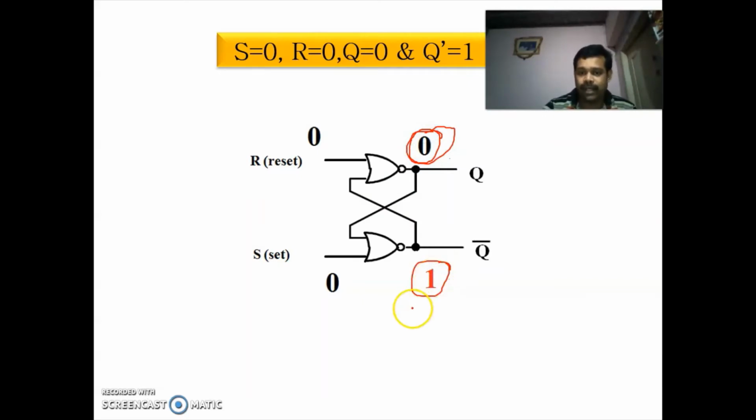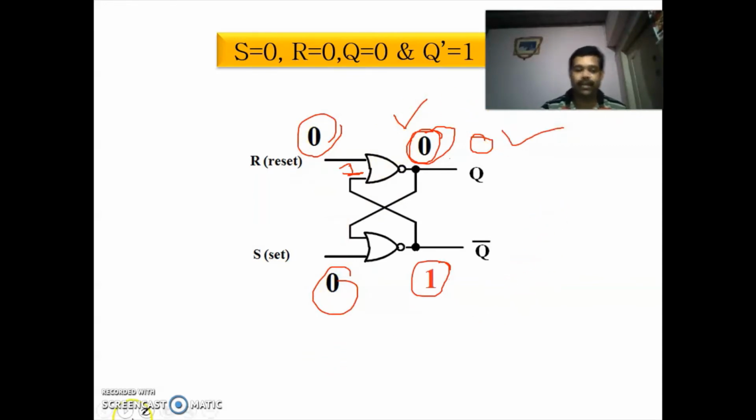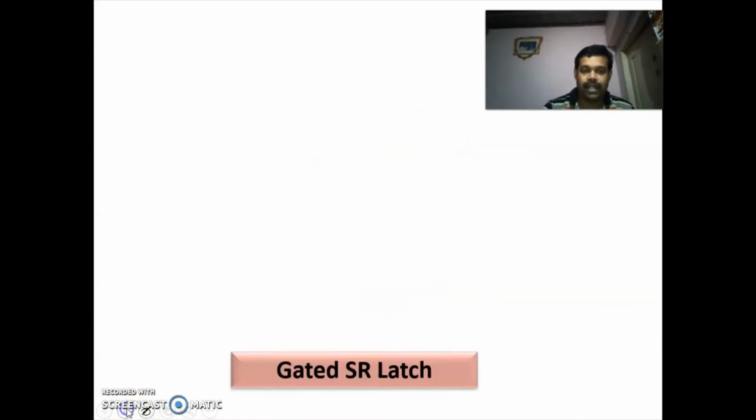This 1 is taken as feedback at this point. So if one of the inputs of an OR gate is 0, then the output will be 0. So when you are considering R is equal to 0, S is equal to 0 and Q is equal to 0, again you will be getting Q is equal to 0.